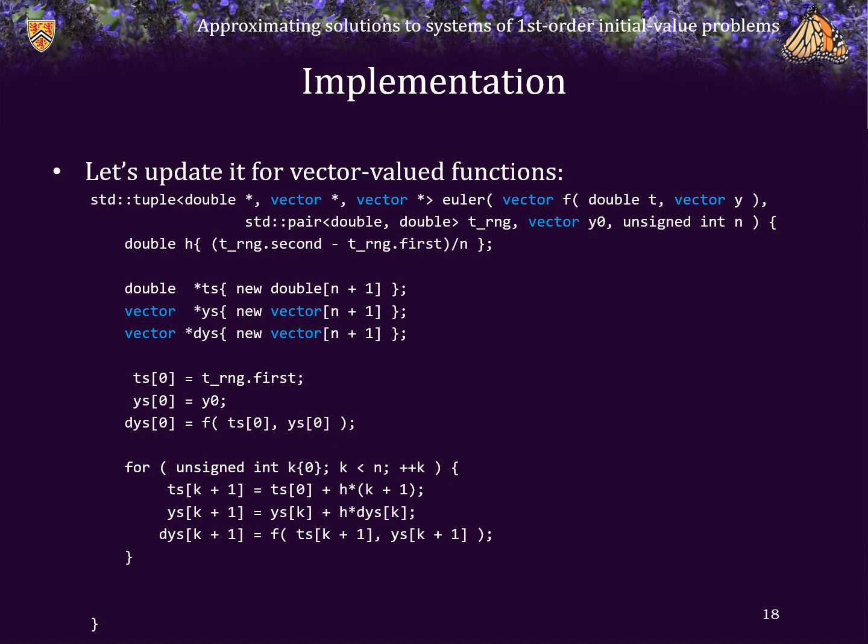And then we calculate the slope at the next value by evaluating the function f at the current time and position. And then we return that tuple. So more or less, other than the type names, nothing has changed. Indeed, really, nothing has changed.